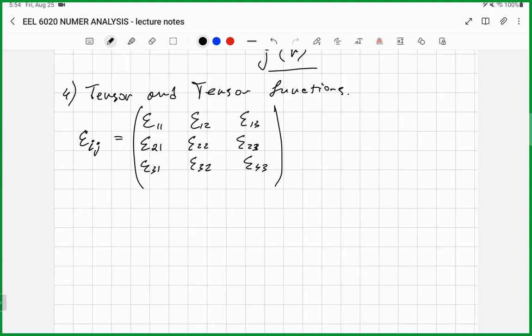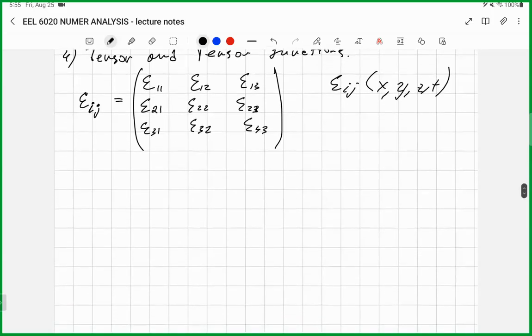So usually these components are functions. Like some particular component ij would be a function of x, y, z, t, for example. And each component is a function.